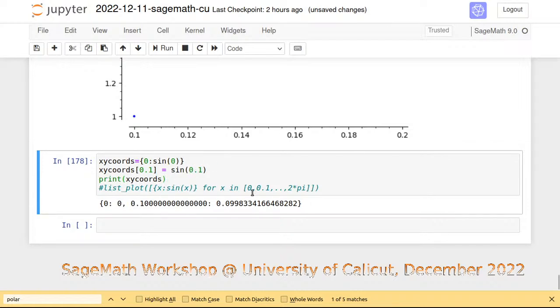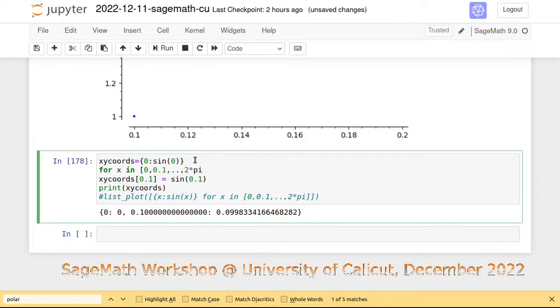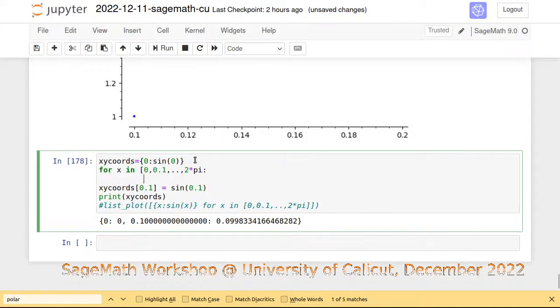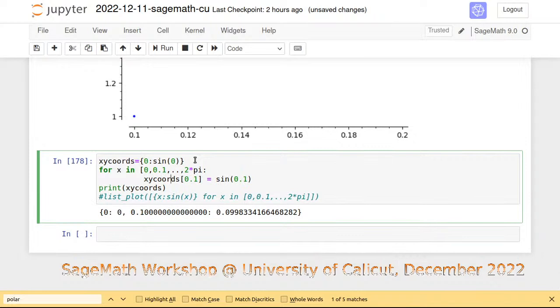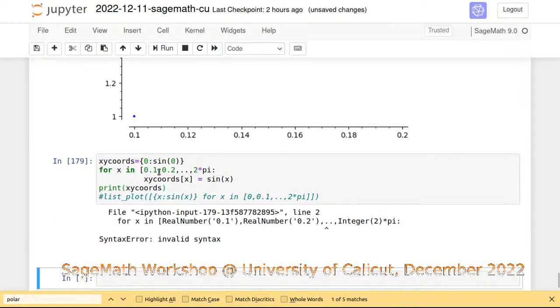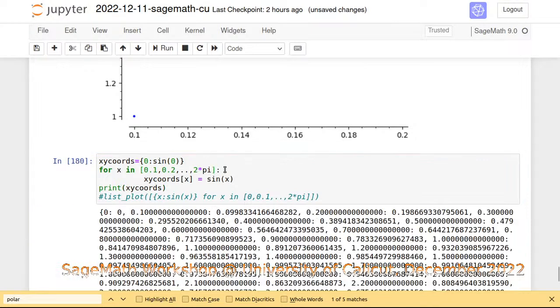So if that is the case, then let us try, for x in this range, x equal to sin x. But here 0 is already there, therefore 0.2 onwards is going to be fine. So what is the output? x in this range. So we are getting a few things here.